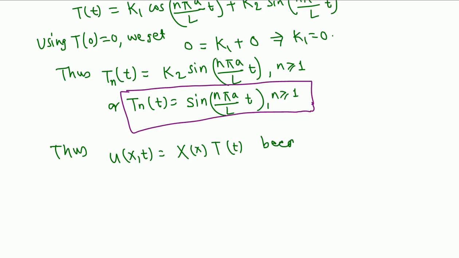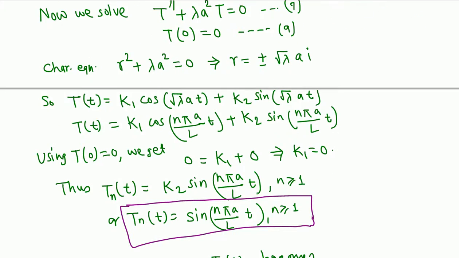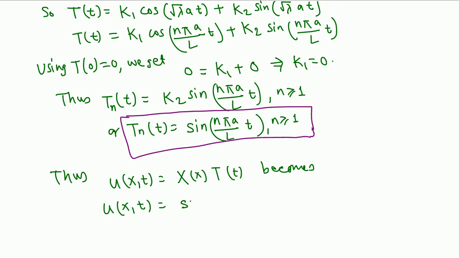Our solution becomes u(x,t) equals, now X was found earlier, just sine of n pi over L x, and we just found T here, which is again sine of n pi a over L t.